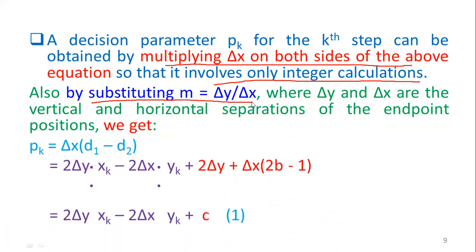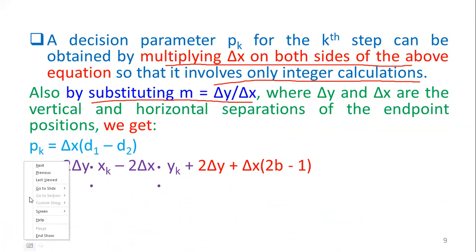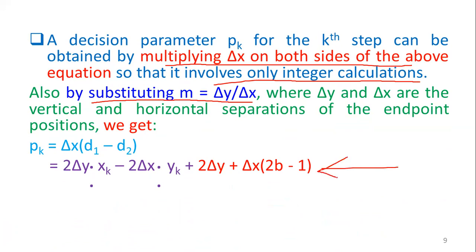And one more thing. We reached till here, and in this equation, this part is a constant, because delta y is constant, 2 is constant, delta x is constant, b is constant, 2 and 1 are constant.